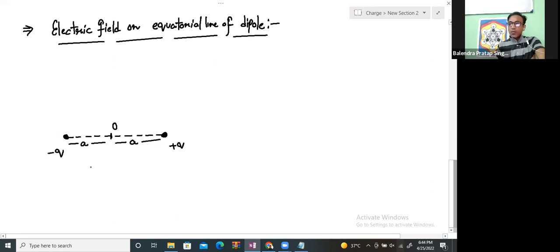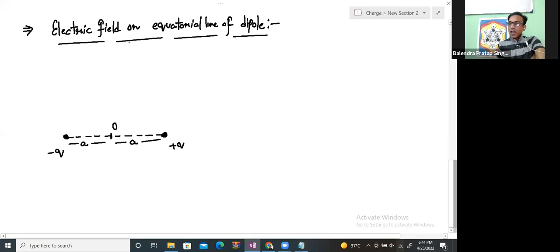Now we are interested in finding the electric field on the equatorial line. What is an equatorial line? The equatorial line is the line which bisects the dipole at the origin, passing through the origin.